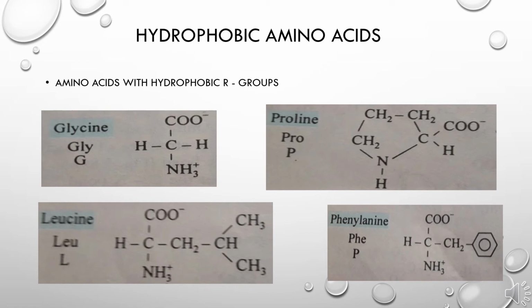The hydrophobic amino acids include 9 amino acids. They are glycine, alanine, valine, leucine, isoleucine, proline, methionine, phenylalanine and tryptophan. Glycine, being one of the common amino acids, does not have a side chain.